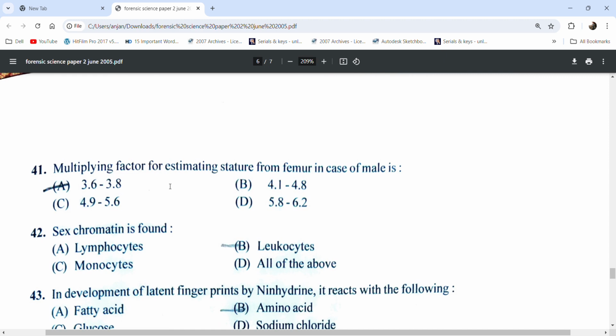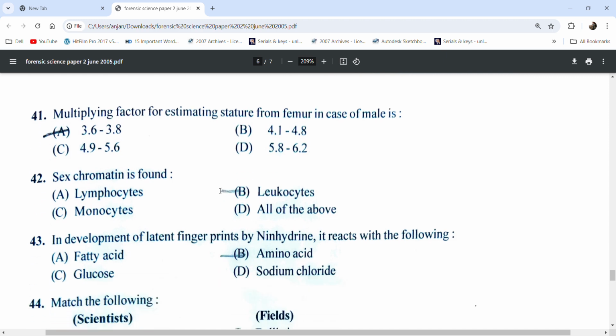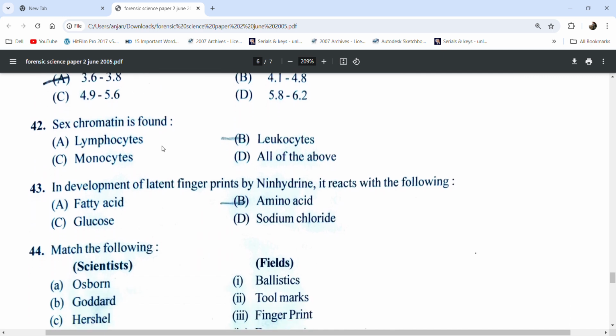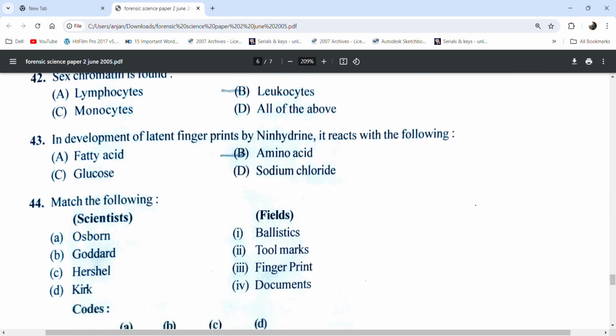Multiplying factor for estimating stature from femur in case of male is 3.6 to 3.8. Sex chromatin is found in leukocytes. In development of latent fingerprint by ninhydrin, it reacts with the following amino acid.